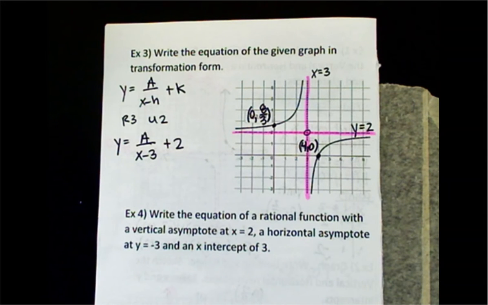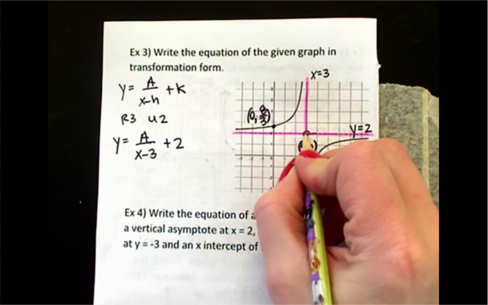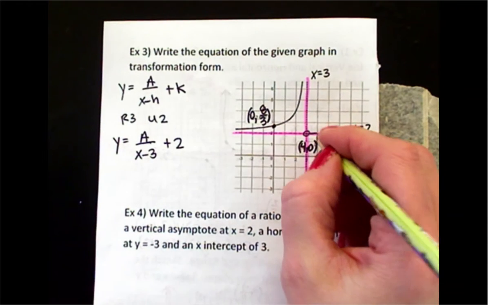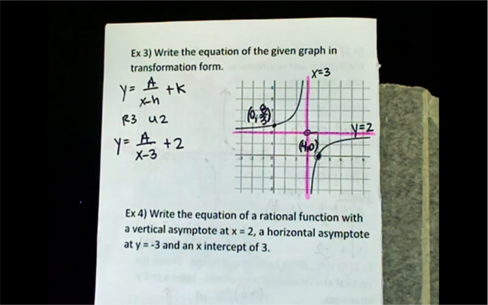It is negative because look, I'm in quadrants 2 and 4 instead of 1 and 3. And I'm looking at it. It goes over 1. It's supposed to go down 1. But instead it's going down 2. That means the A value is negative 2. Same way your counts work for every other graph. You can just look at it and pick it out.